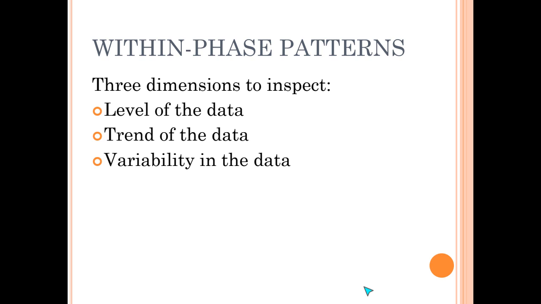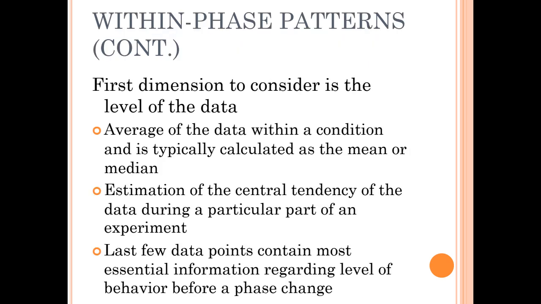Right. The first dimension to consider is the so-called level of the data. By level, we typically mean the average of the data within a condition, and that is typically calculated as the mean or median, the mean value where you see the spread around when you graph the data.